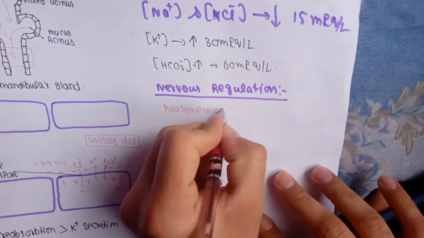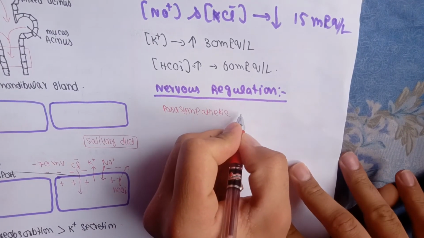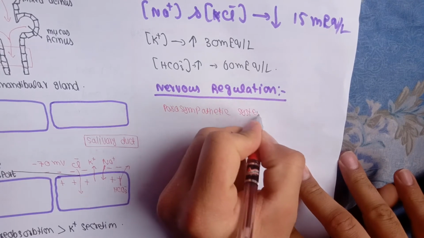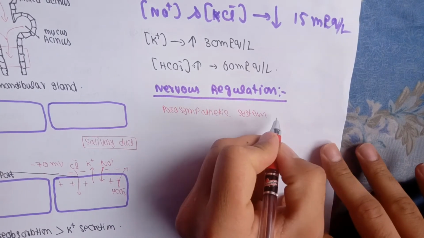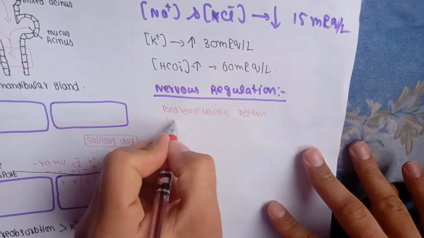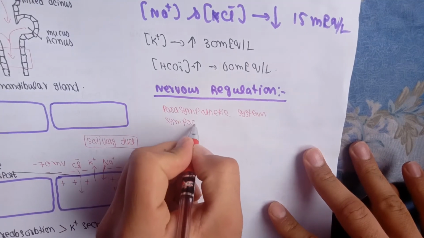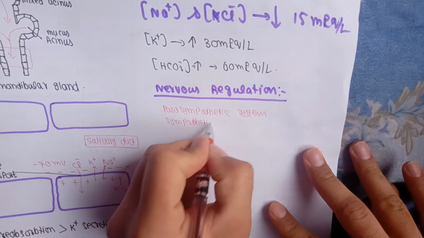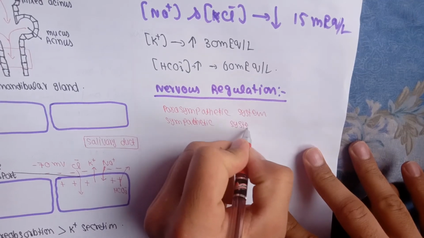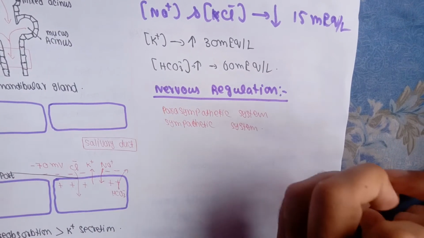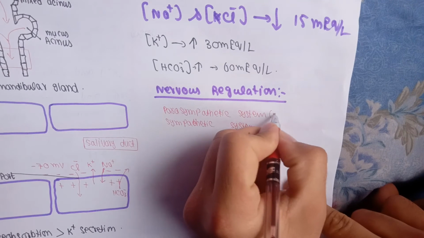Parasympathetic system, and also sympathetic. Note that both types of system regulate and increase salivary secretion, but parasympathetic is the major one.